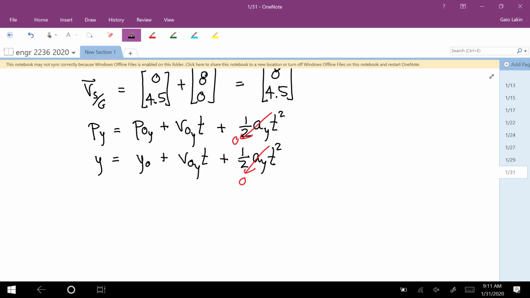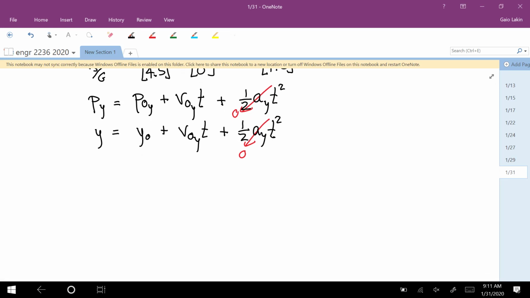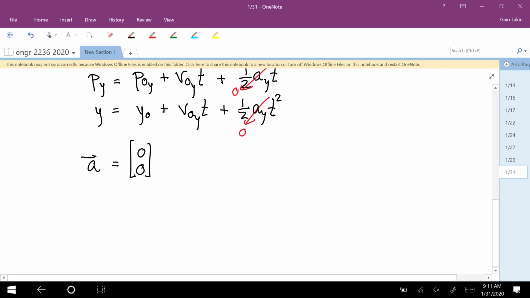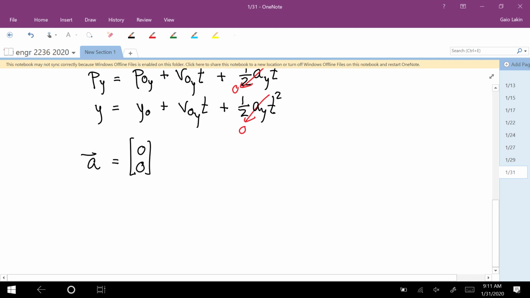All right, what if you didn't remember that? What if you never took Physics 1? So let's say that acceleration vector is 0.